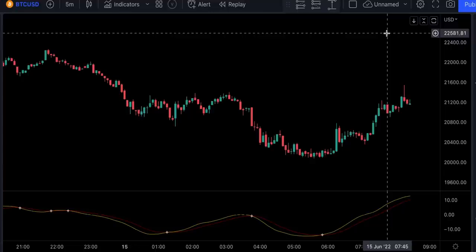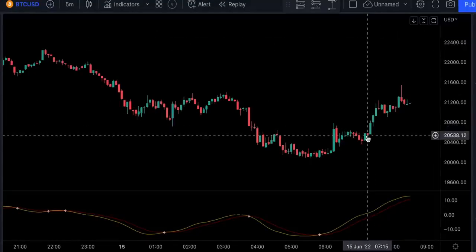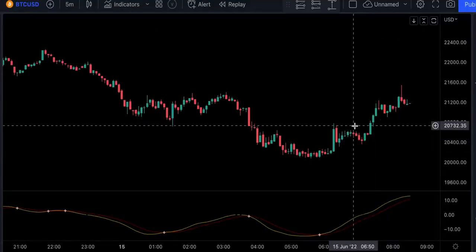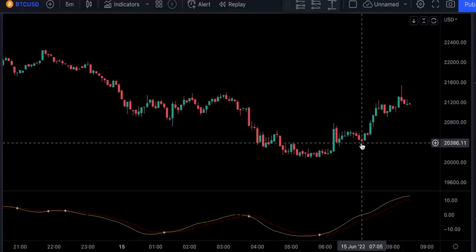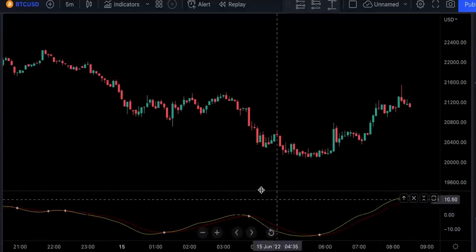It filters out the price action really well, and we don't get any exit signals when the price movements are insignificant. We see normally an exit indicator would get us out of the trade somewhere at this point, but if we take a look at the TRIX indicator, we see there is no sign of an exit signal whatsoever. Every time we have a cross, we see a dot appear on the indicator.